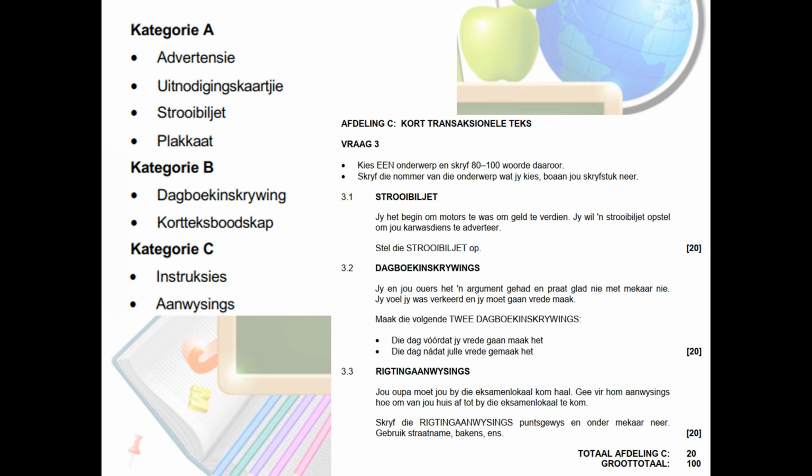Let's look at it. Category A, advertisement, invitation, pamphlet, and poster all have many of the same things in common. It is the whole thing of advertising, grabbing people's attention, having pictures, having the who, what, where, when. The ABBA method can be applied to all 4 of them. The format only slightly changes.